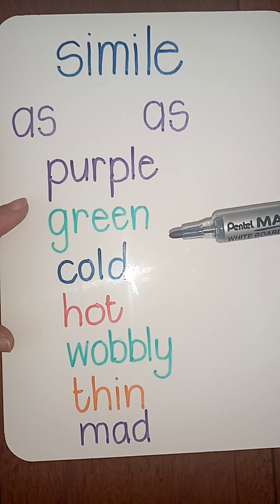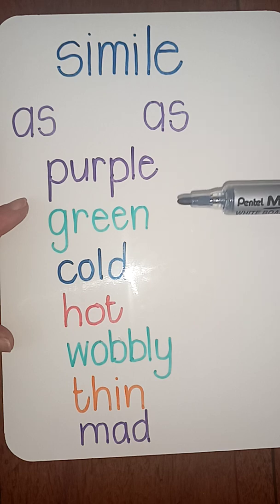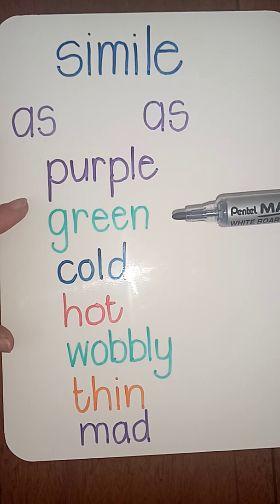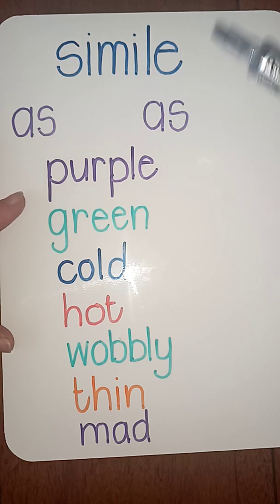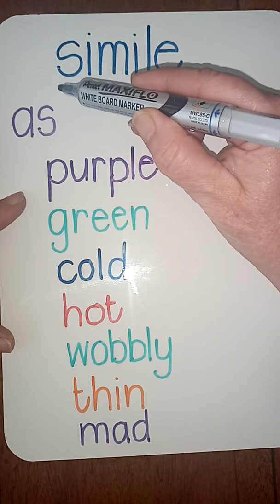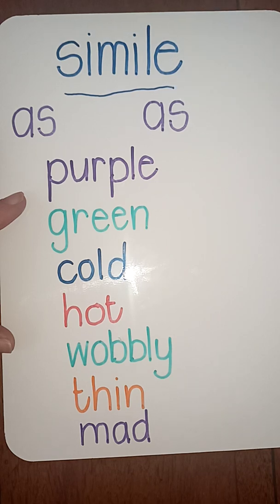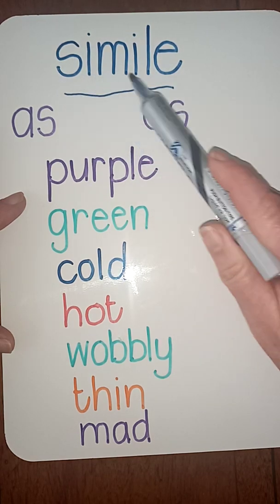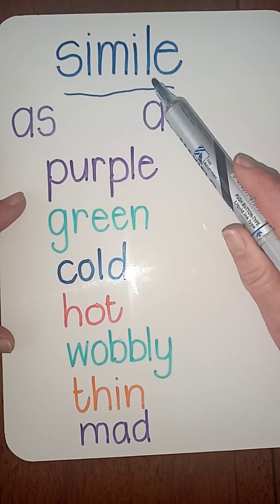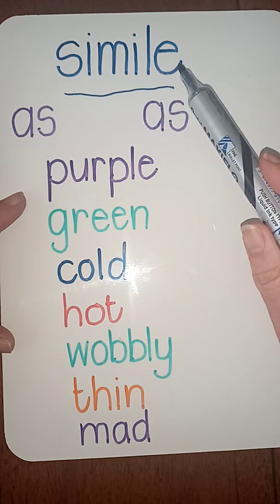So we're going to have a look a little bit more about describing words, but we're not going to do it with adjectives. We're going to look at this word simile. Okay, and simile is similar to similar.